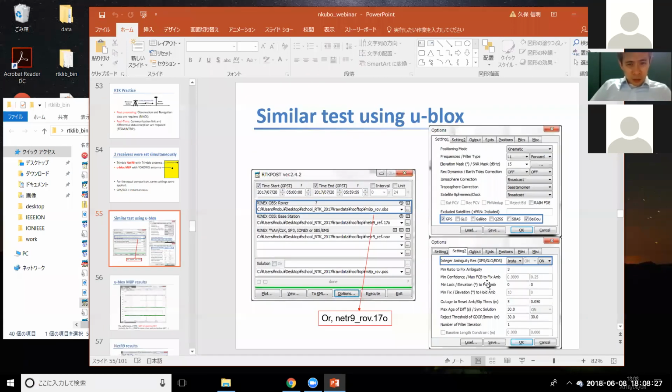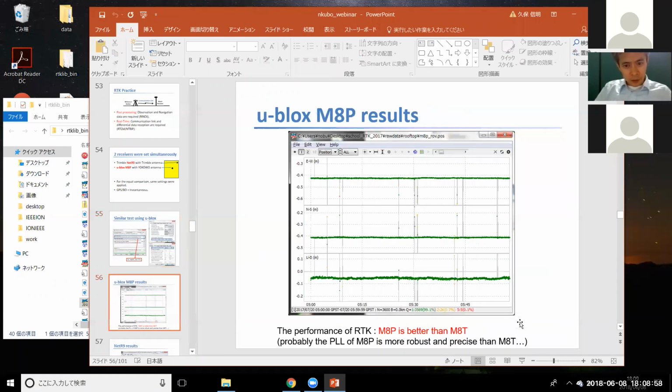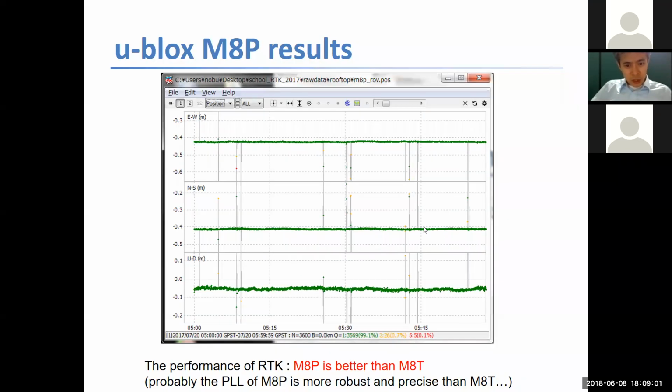Okay. So this is the setting in the case of M8P: kinematic, single frequency, and 15 degrees elevation mask, and the other settings are the same, only GPS plus BeiDou, and the integer ambiguity resolution method is instantaneous. You can refer to these settings after this webinar. So here are the u-blox M8P results.